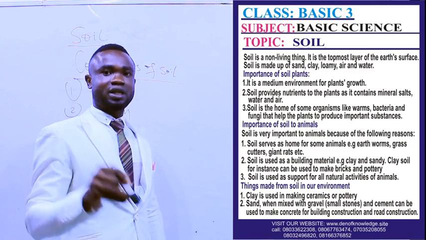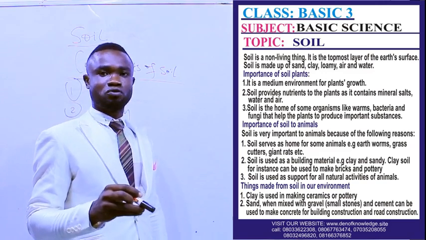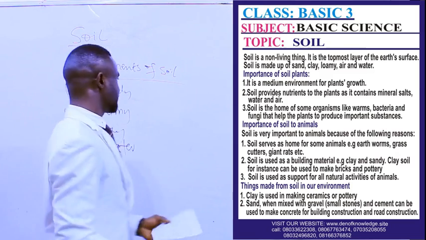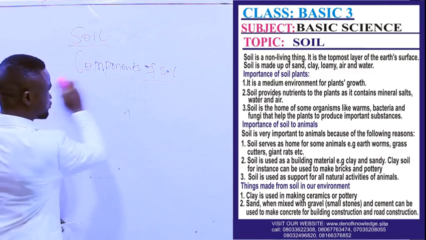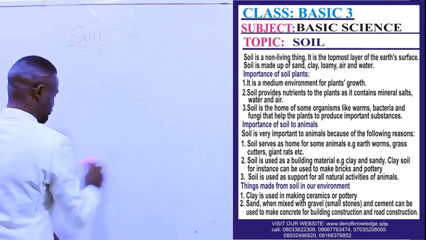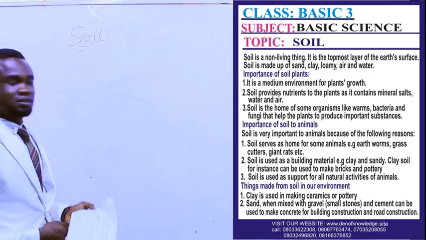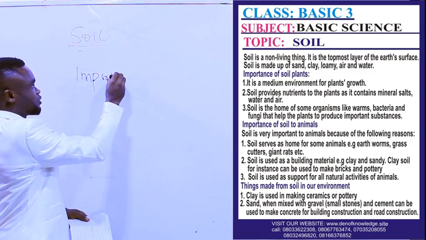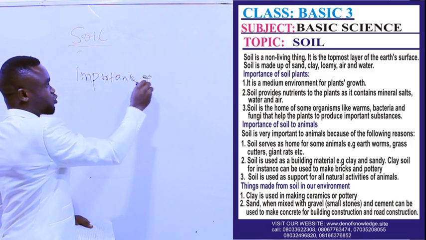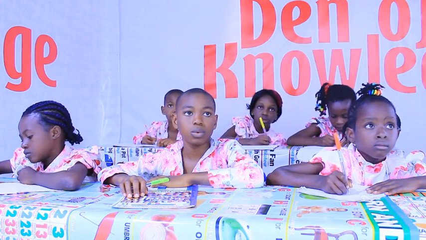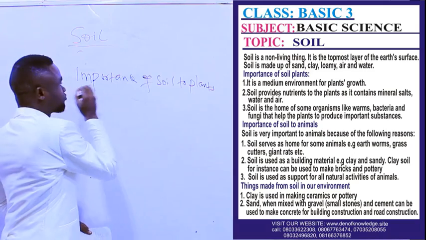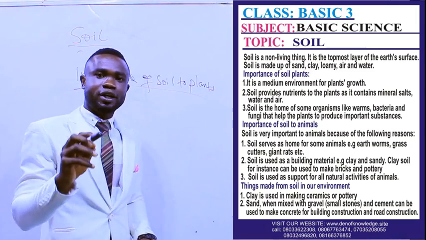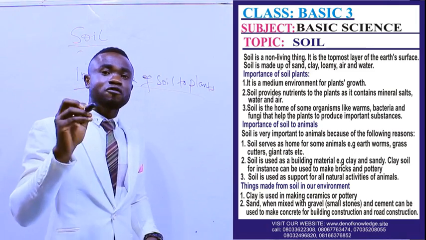Let's see the importance of soil to plants. 1, soil is the origin of nutrients.